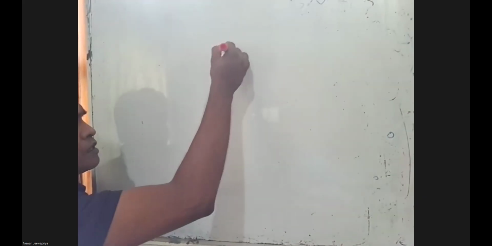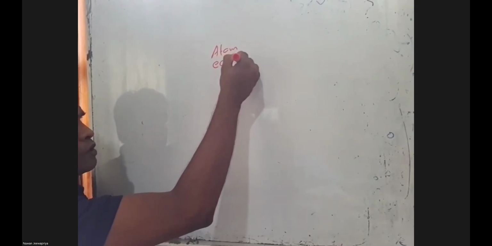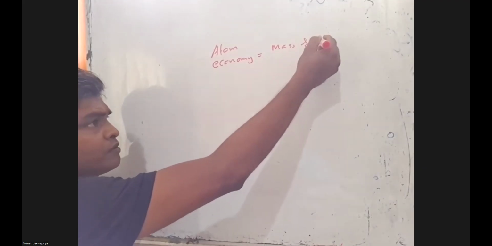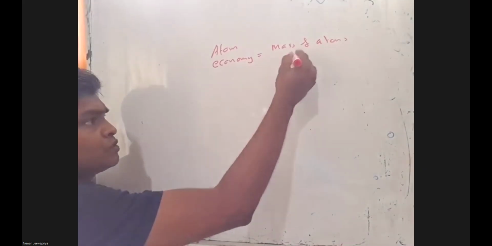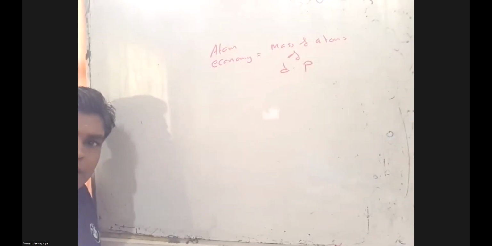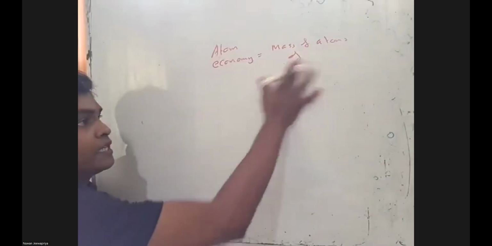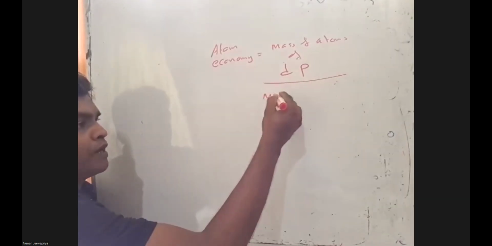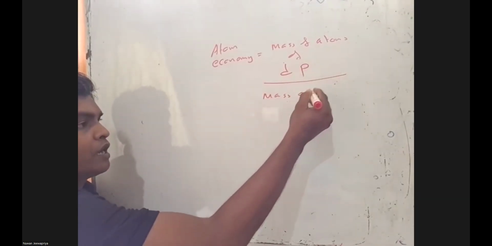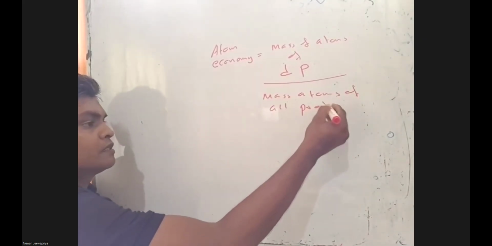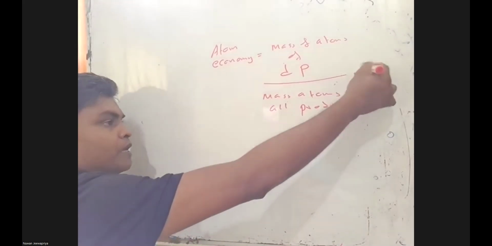Right. This atom economy is equal to mass of atoms of desired product, I write DP for the desired product, divided by mass of atoms of all products, multiplied by 100.